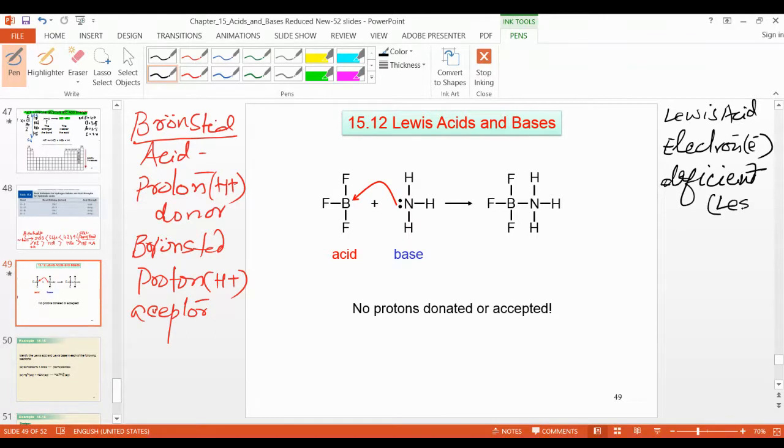Deficient means less. And now the second one is Lewis base, which is electron rich. Electron rich. Okay.